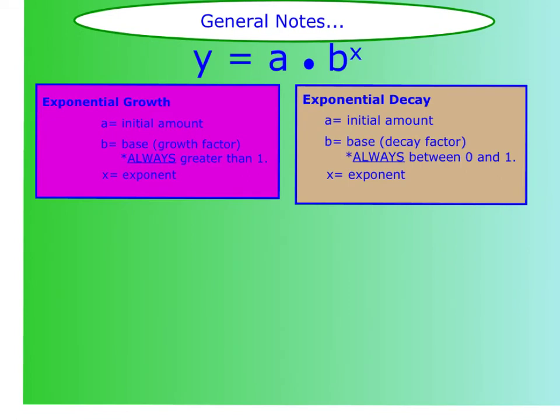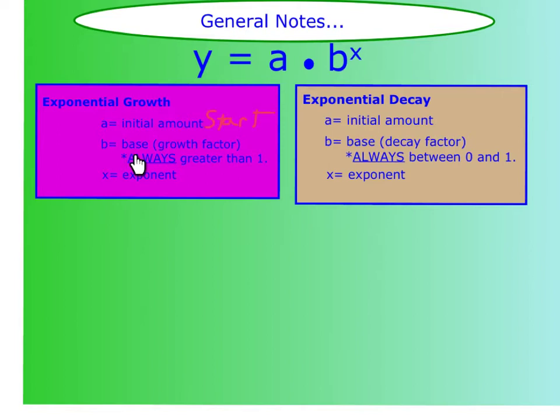All right, this is more of an informational slide, but I do want you to listen. So here it's the same formula we've used before, y equals a multiplied by b to an exponent. Except if we're doing exponential growth, a is the initial amount. So that's what you start with.